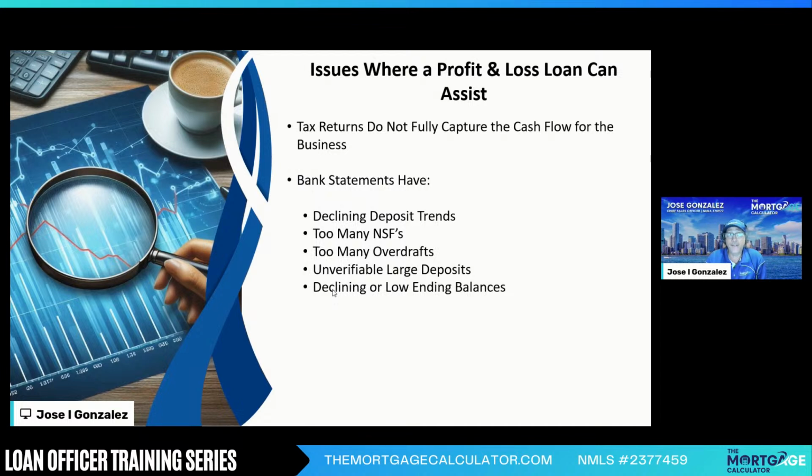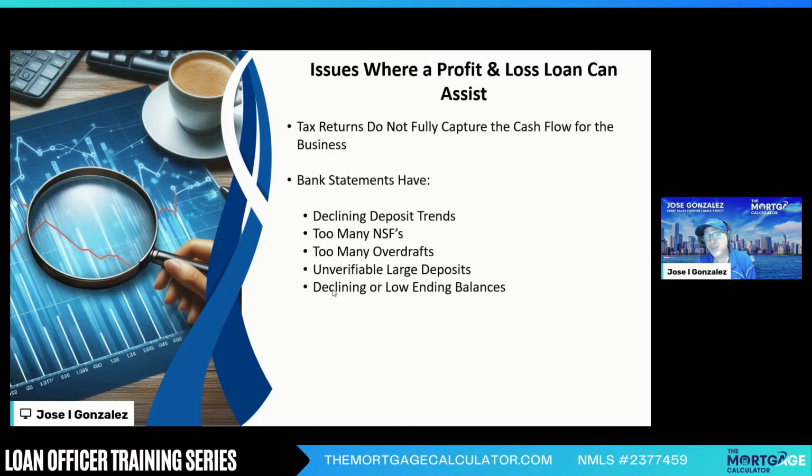So if, however, the P&L is the perfect solution for a bank statement loan gone sour because of, for example, declining deposit trends, too many NSFs, too many overdrafts, unverifiable large deposits, or declining or low ending balance.